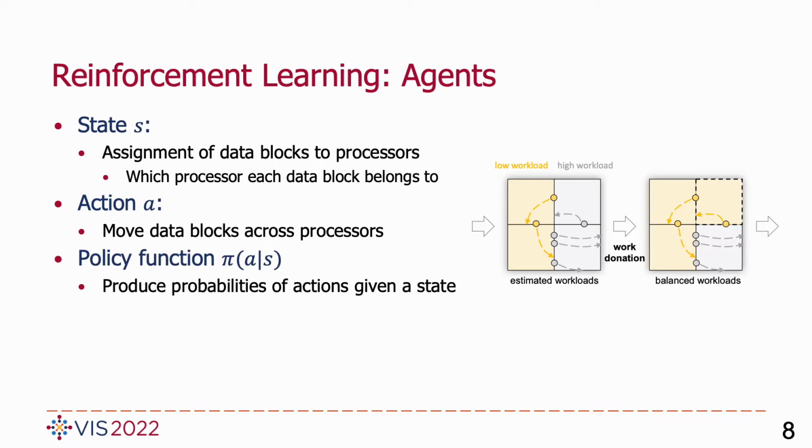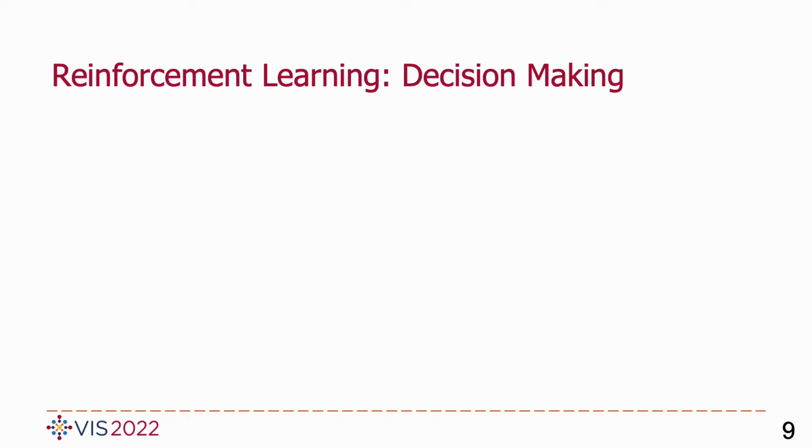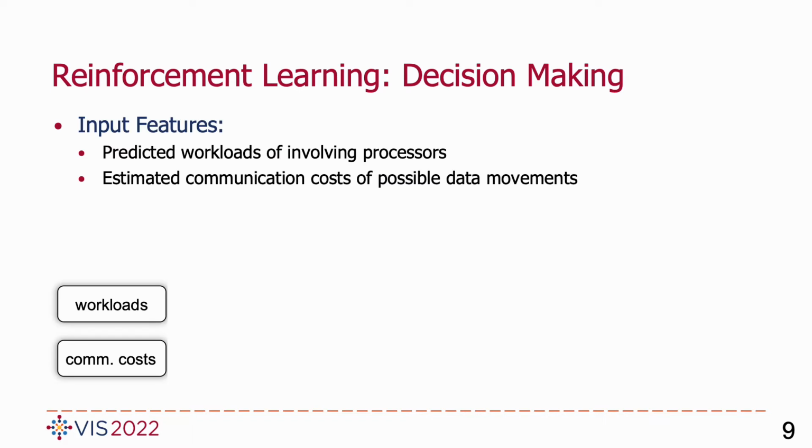Based on the policy function given the current state, agents will evaluate and decide on block movement actions in a stochastic manner. During the decision-making phase, the input features are workloads of involved processors and estimated communication costs of possible data movements, which are estimated by cost estimation models demonstrated later.